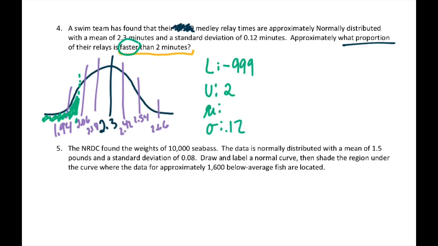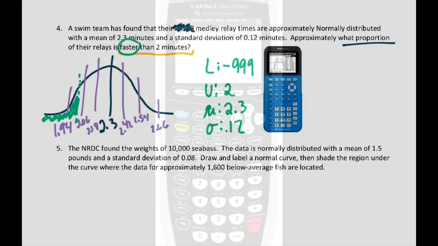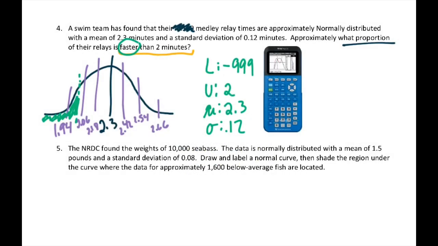So we're going to go put this in our calculator. And we end up with 0.6% because it was 0.006. We round to 2 places, so 0.62 maybe.